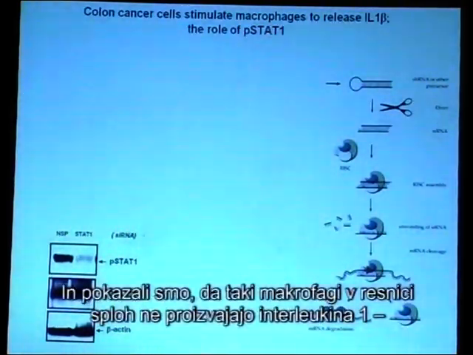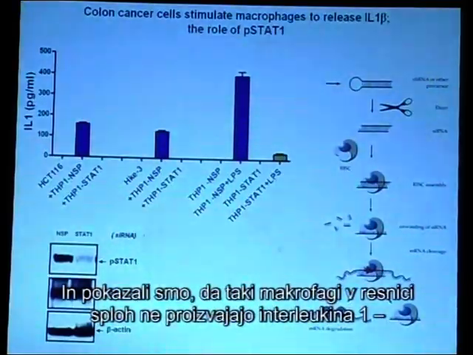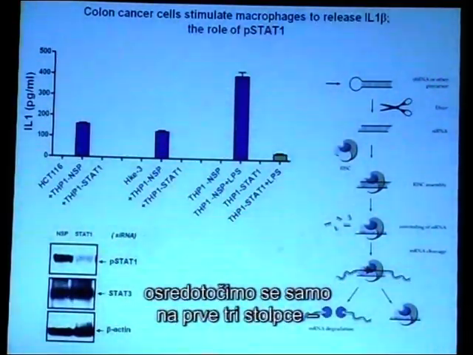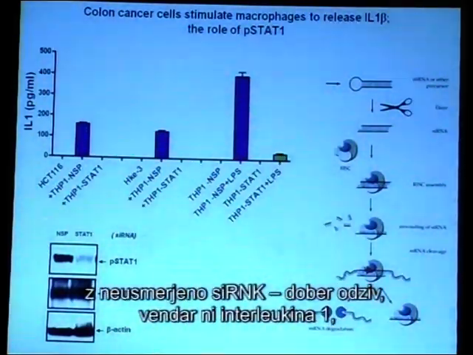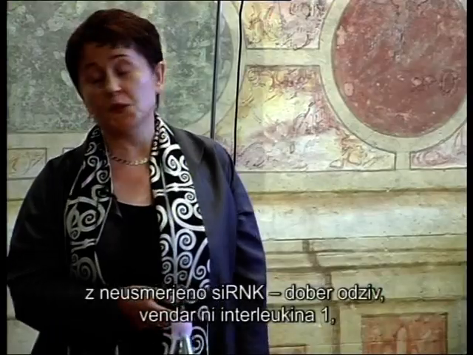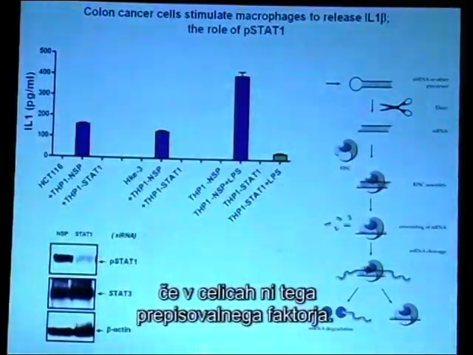We showed that such macrophages do not produce interleukin-1 at all. Maybe we can just concentrate on the first three bars. Tumor cells, no interleukin-1. When macrophages are transfected with non-targeting siRNA, good response, but no IL-1 whatsoever when cells are lacking this transcription factor.